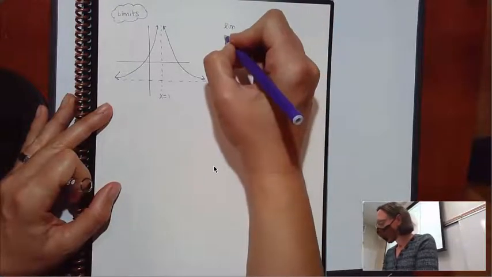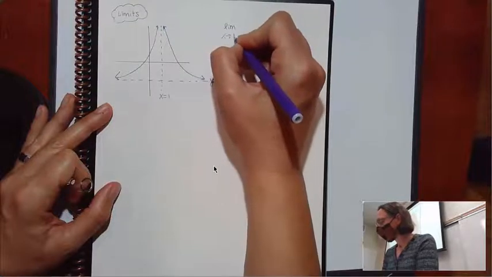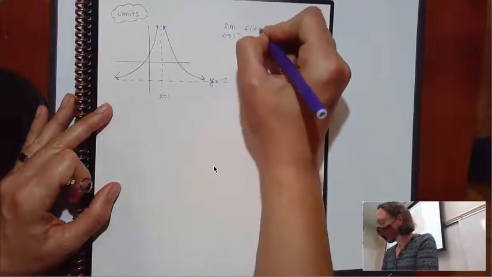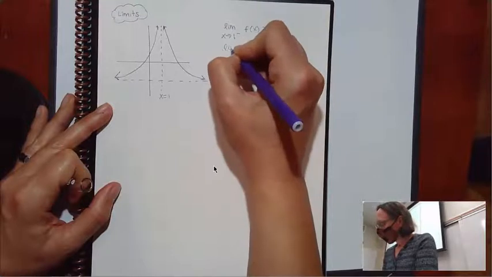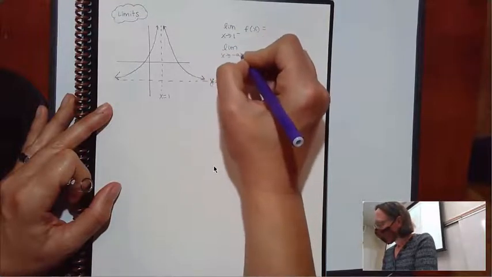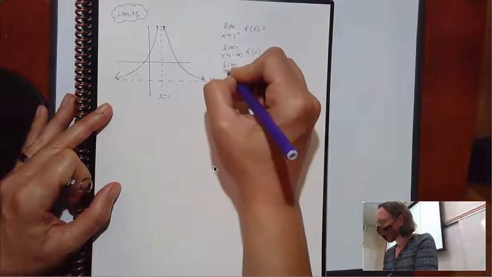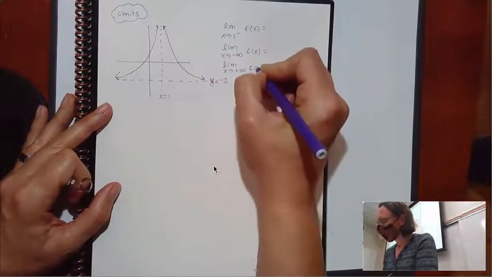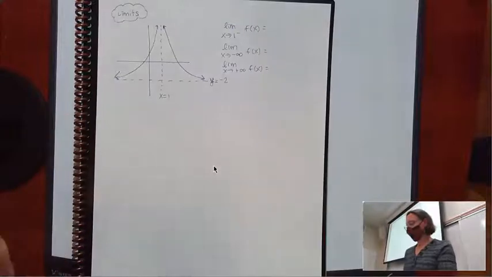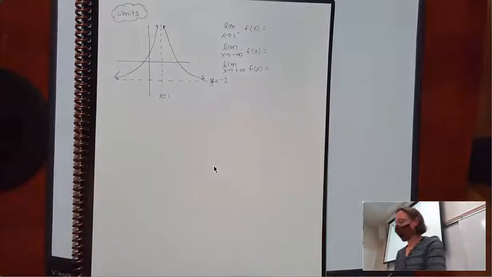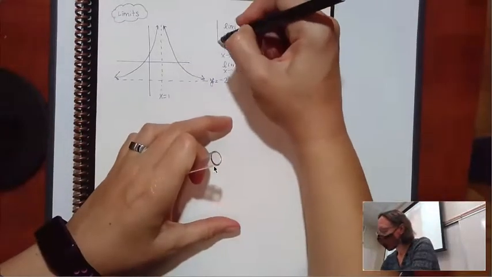So I want the limit as x approaches 1 from the left, and the limit as x approaches -infinity, and the limit as x approaches +infinity. It'll probably take you longer to draw the picture than to evaluate the limits.